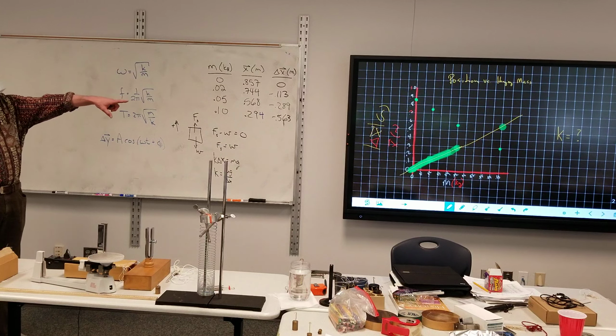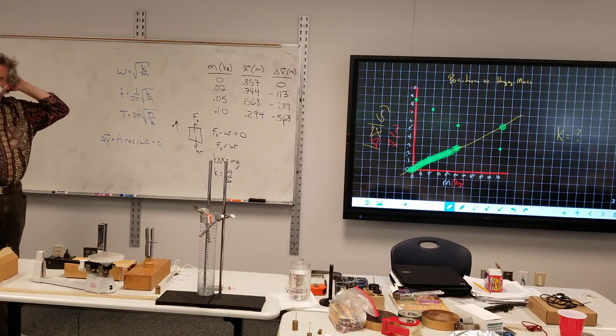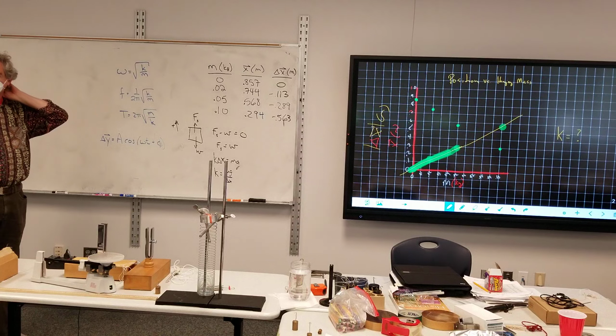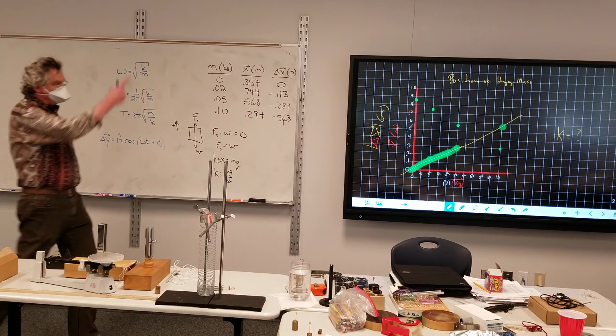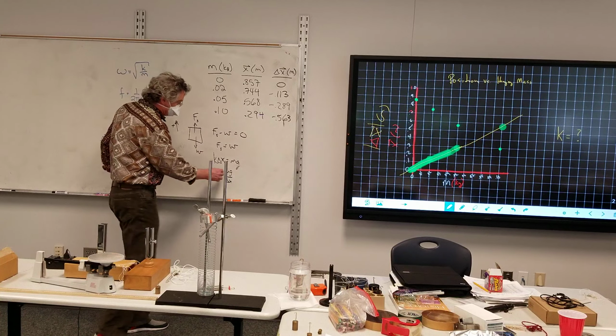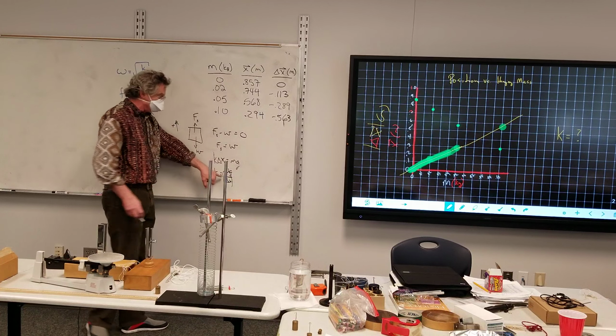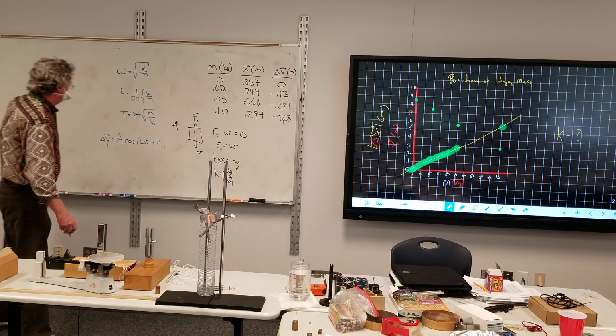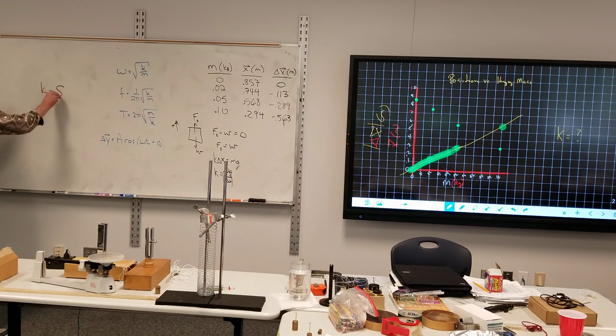Okay, except is our slope m over delta x? Delta x over m, right? Yeah, it's rise over run, so it's delta x over m. So as Daniel said, we will substitute for here, but this is the reciprocal of the slope. So k is going to be the slope times the acceleration due to gravity.